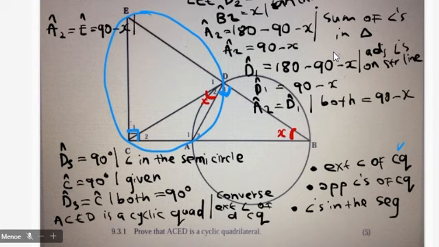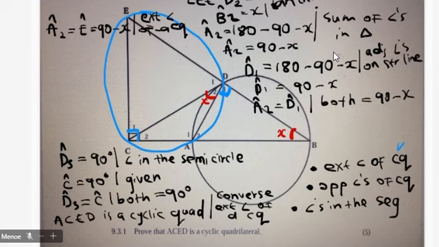Why are we saying so? Because the external angle of a cyclic quad. The thing is, when they say prove that this is a cyclic quad, you have to draw a circle there.